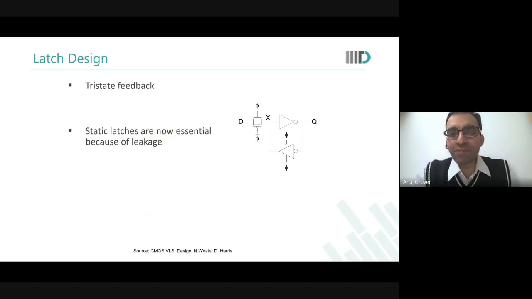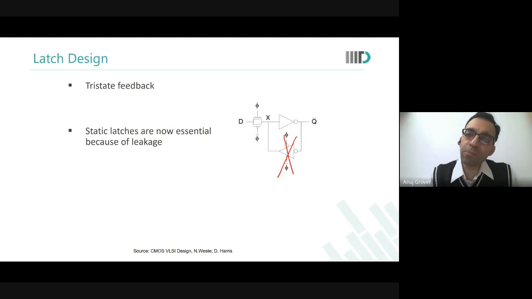So then we say that, okay, I do not want a dynamic latch. I want something to hold the contents of the latch. So what I say is, let me put a tri-state feedback. So why a tri-state feedback? Because I want to switch this off when the forward path is on.